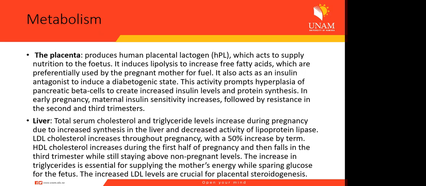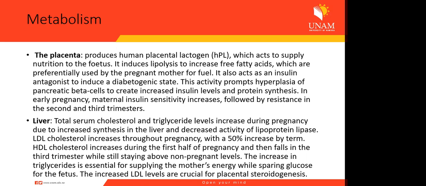When we talk about metabolism, don't forget that I said there's about a 15 to 20% increase in the rate of metabolism. All right, and some of these things are due to the placenta, which produces hormones. Actually, the placenta is a hormone-producing tissue during pregnancy.